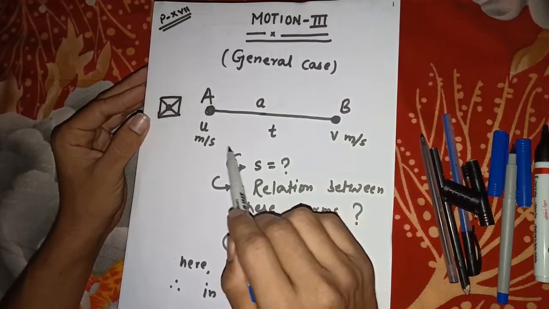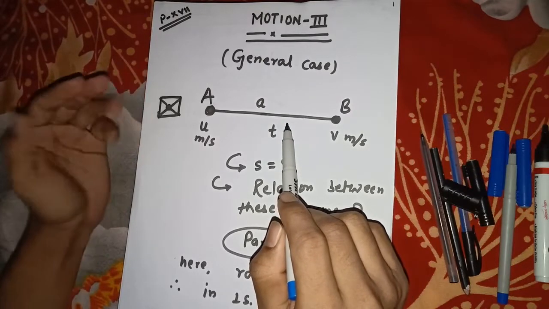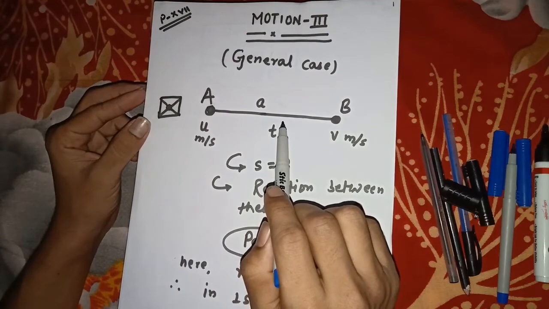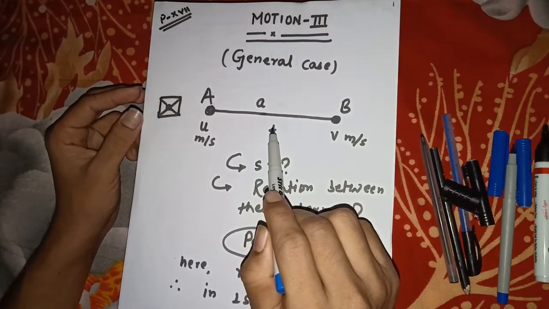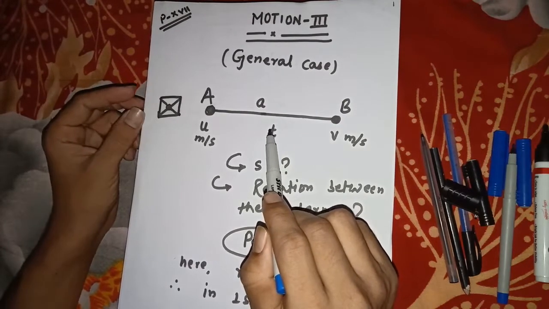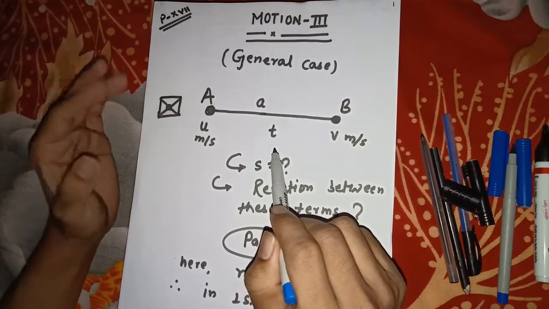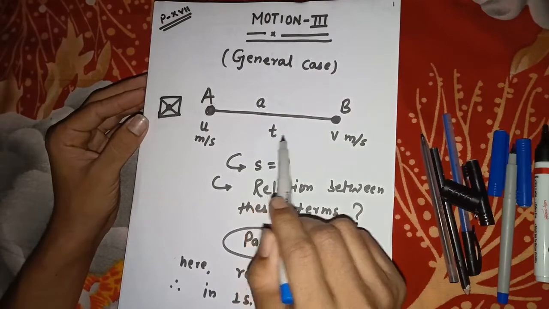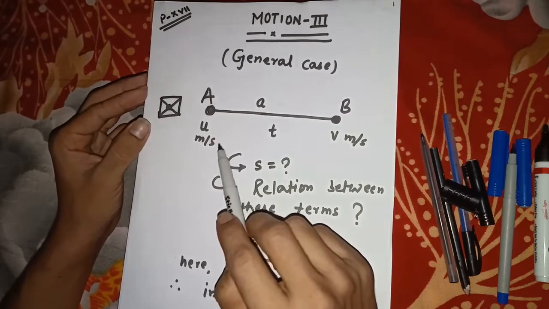These are the symbolic representations. I can take numerical values also, but after taking values we cannot have a general relationship between these. So I am here taking only the symbols.